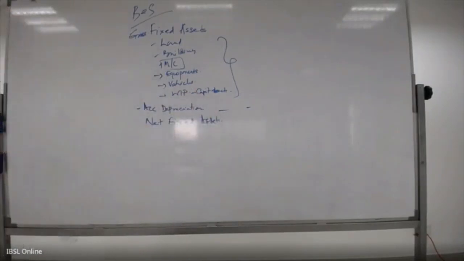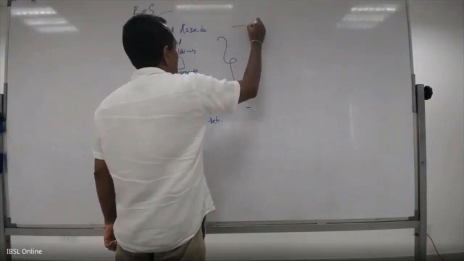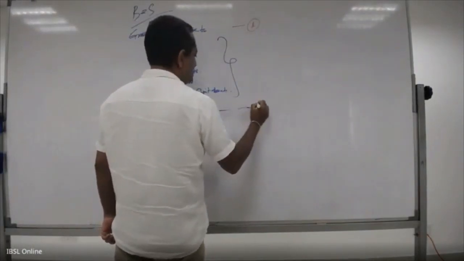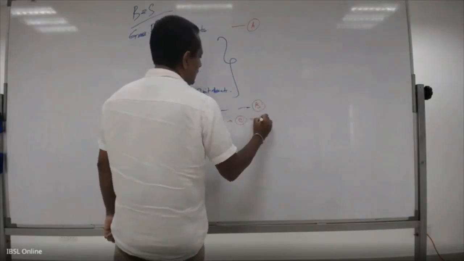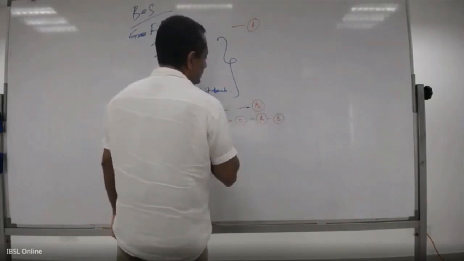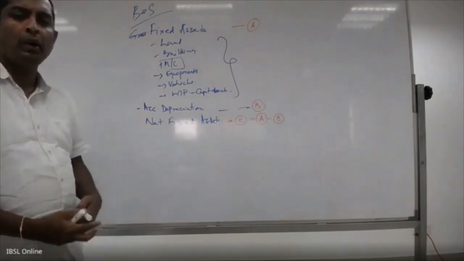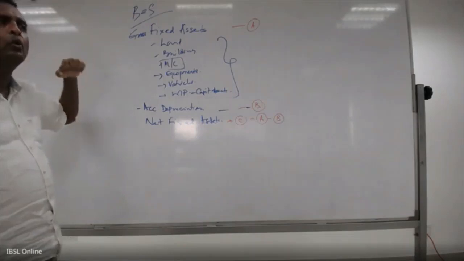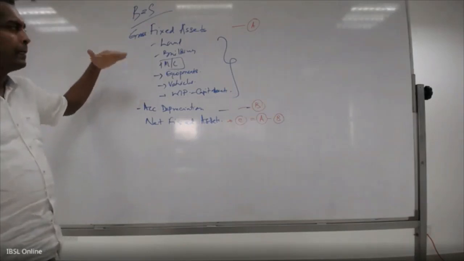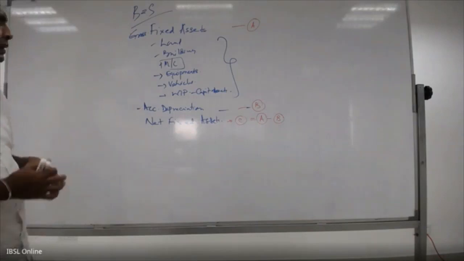You have fixed assets A, then accumulated depreciation B, and net fixed assets C, which equals A minus B. Any asset which has a useful life of more than 12 months is a fixed asset.